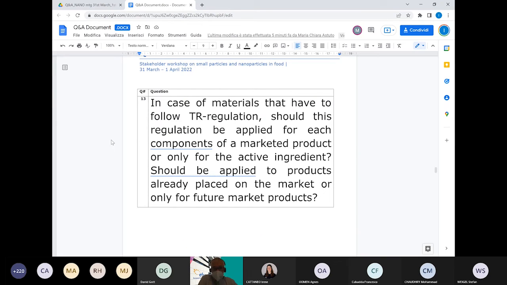We assume that for this question, the tier regulation means the technical request, the technical guidance. But in any case, what I want to clarify, and again I will respond to this question, is the interpretation of the guidance: when are the guidance applied? We are using the same rule as for all the EFSA guidance.